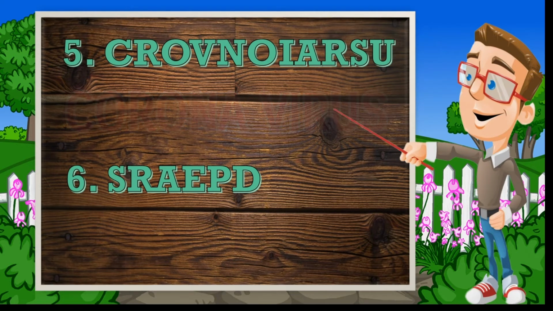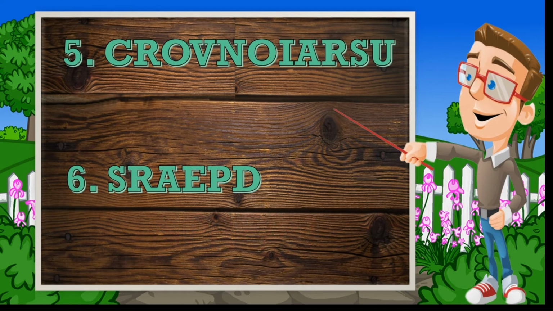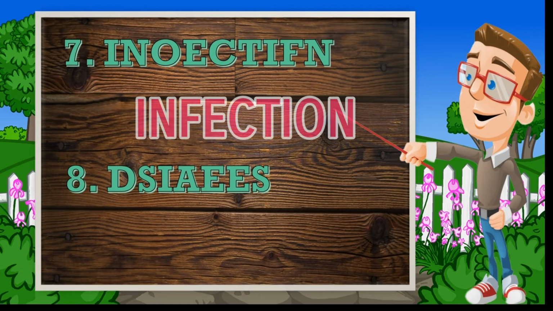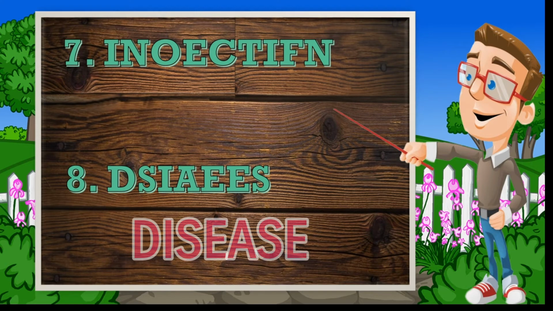Will you try number 6? Precisely. The correct answer is spread. How about number 7? Bullseye. It's infection. Let's have number 8. That is right. Disease is the answer.